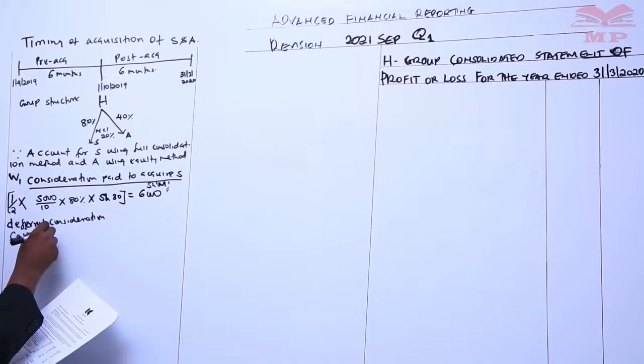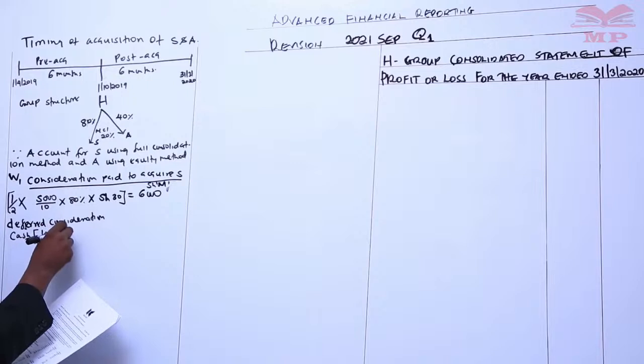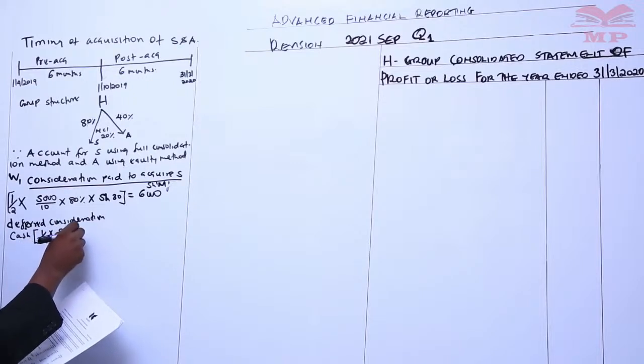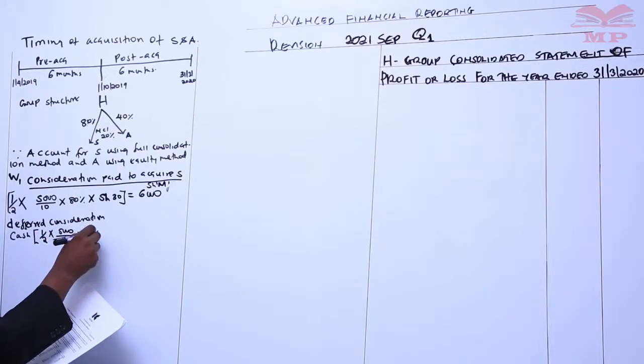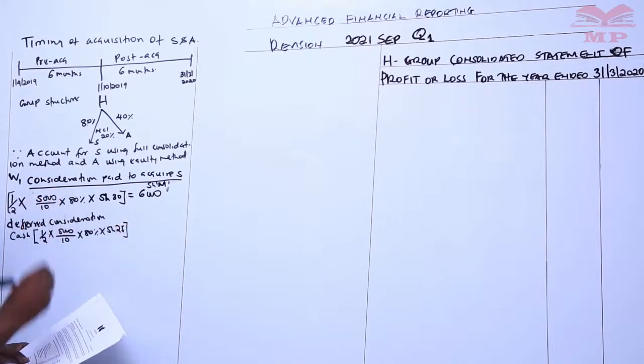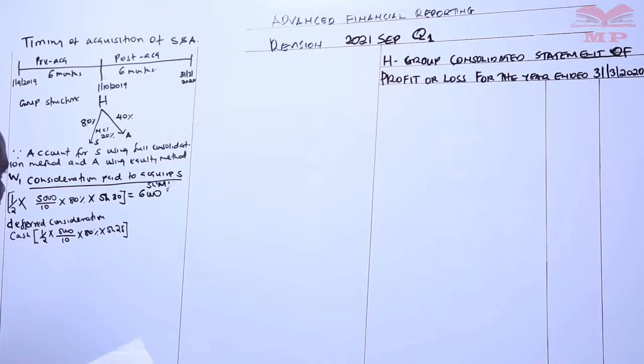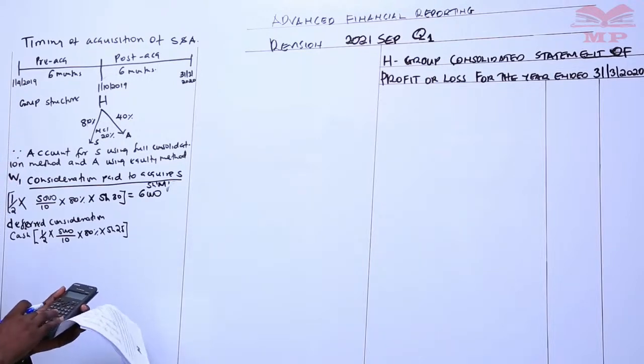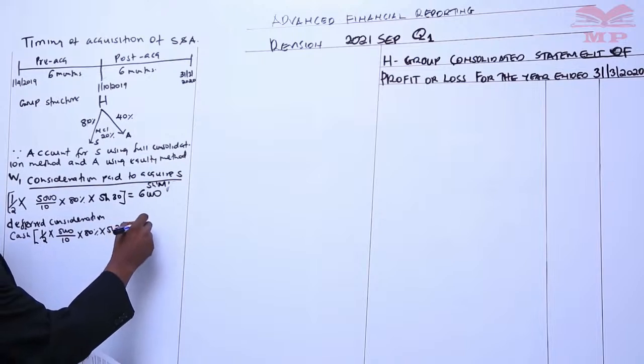So still a half times 5,000 over 10 times 80% times 25. 5,000 divided by 10 times 0.5 times 0.8 times 25. That is 5,000.